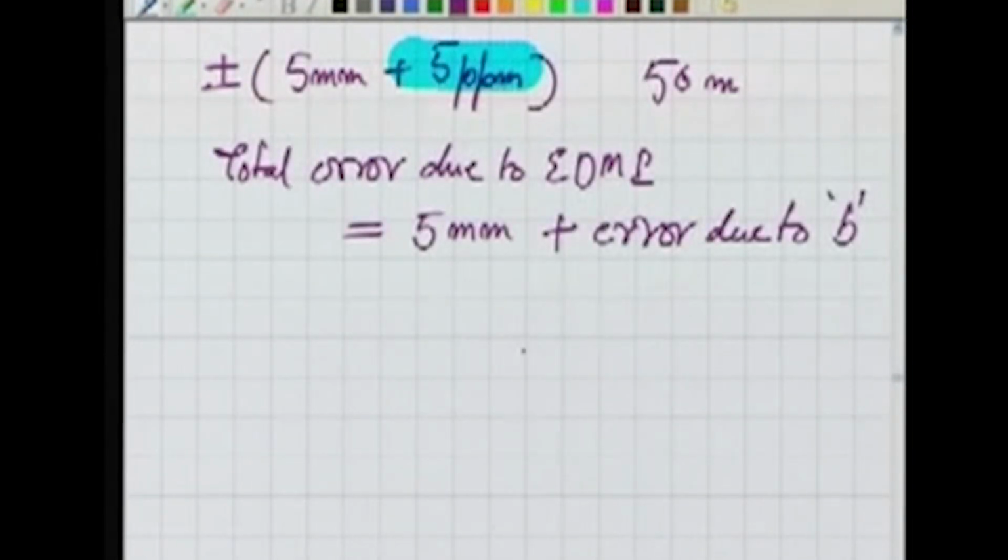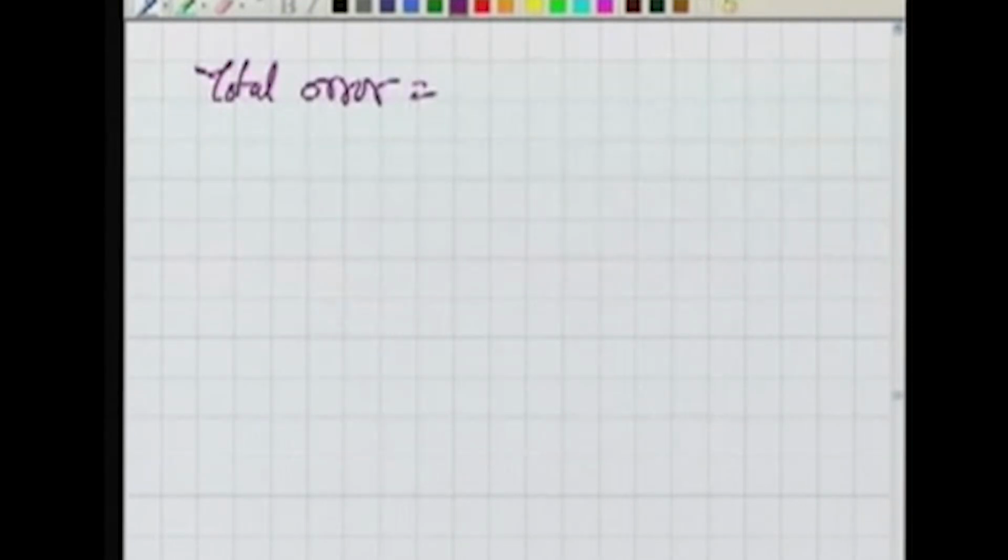So what is our total error? The total error is 5 mm plus the error due to B, which was 0.25 mm.